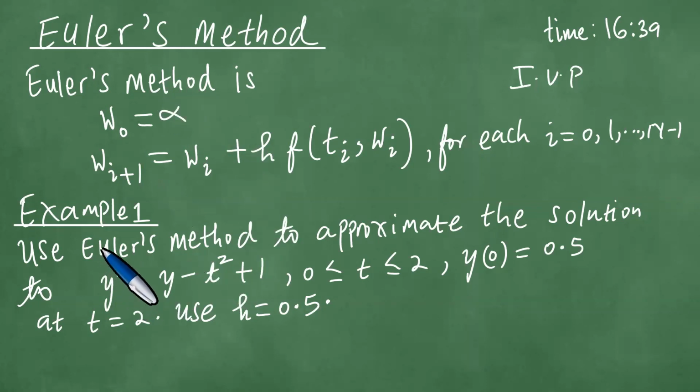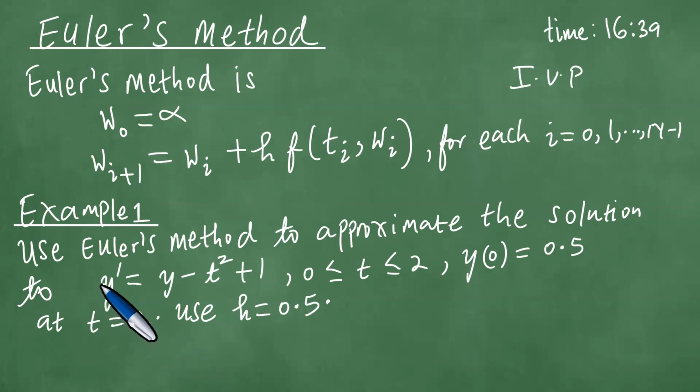But let's look at this example, because what happens in the assessments in the exam is that you are just given a problem and asked to solve it. Normally the problem is in terms of y and x or y and t.